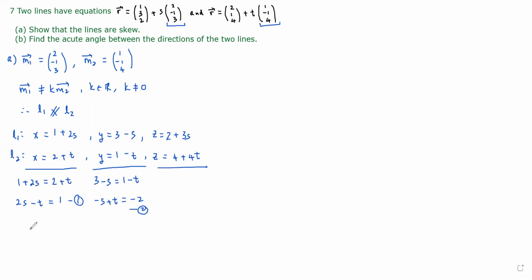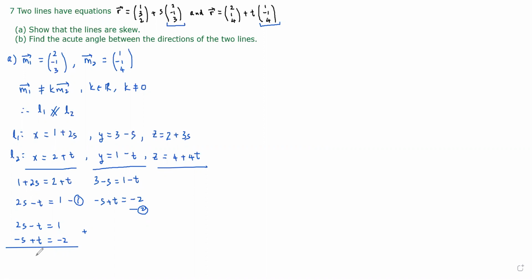For these two equations, we can solve equation 1 and equation 2 simultaneously to find the values of s and t. 2s minus t equals 1, and minus s plus t equals negative 2. We can add these two equations to eliminate t.